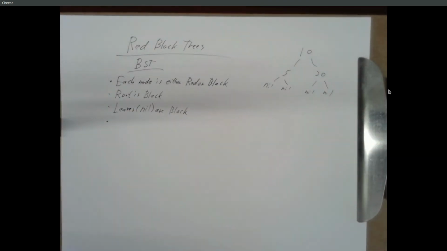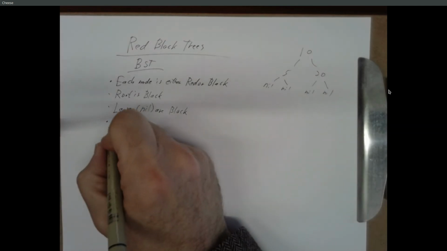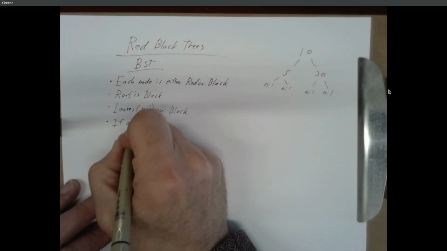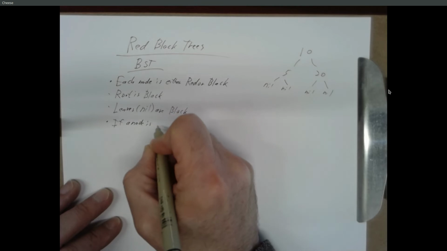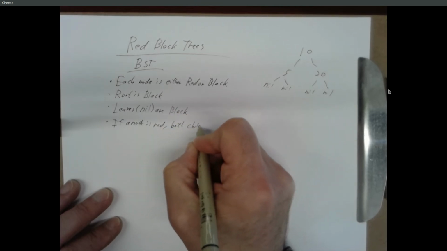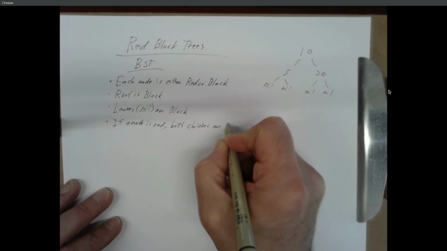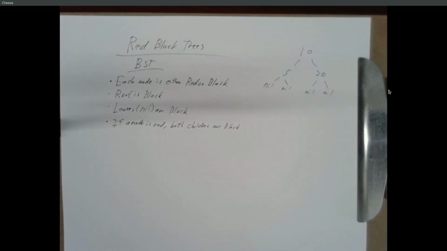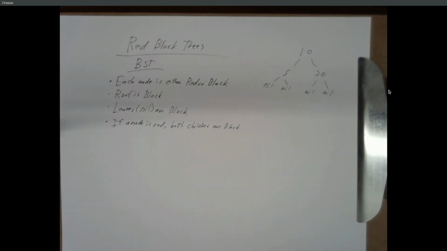Now it gets a little weirder. If a node is red, both children are black. And by having these nil nodes, every node has 2 children.